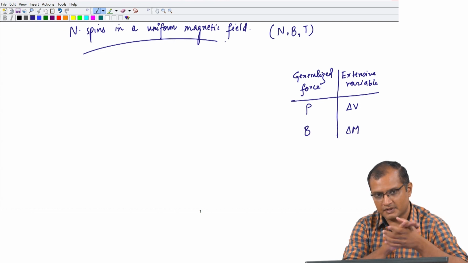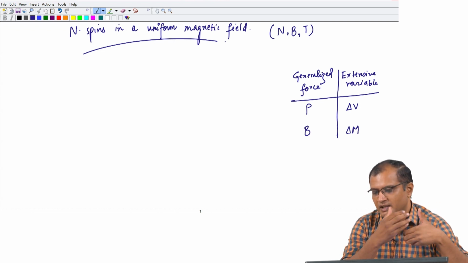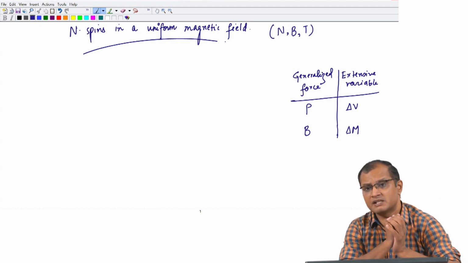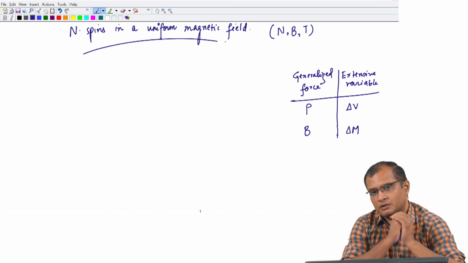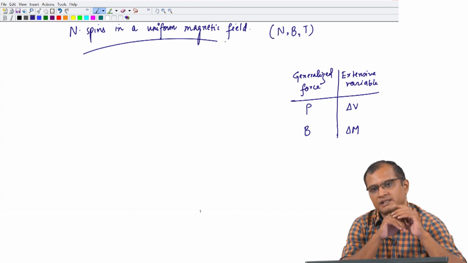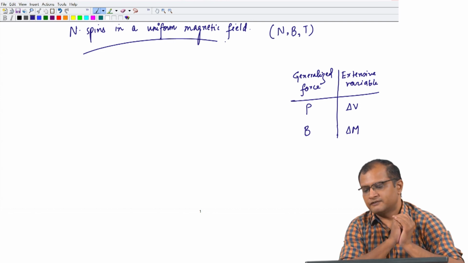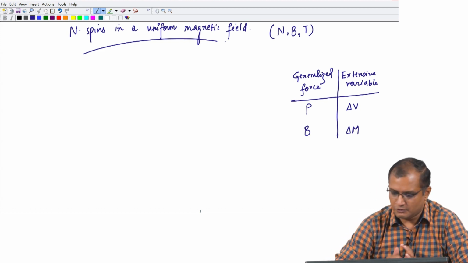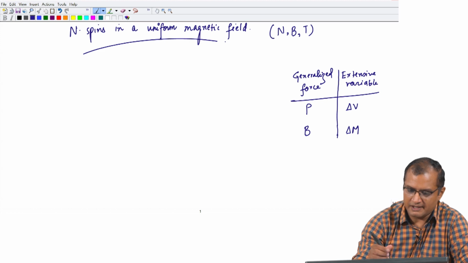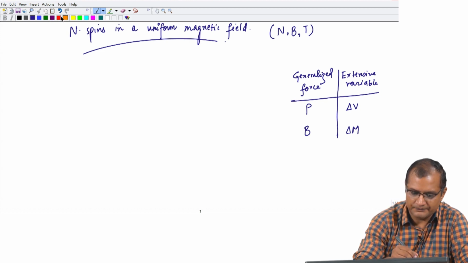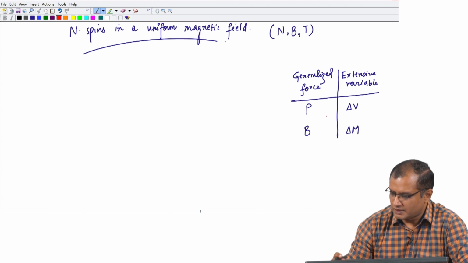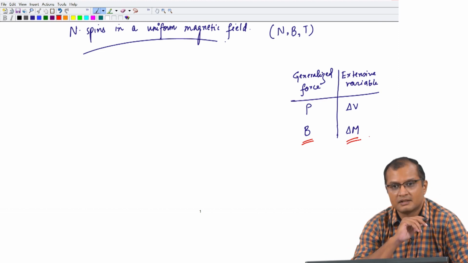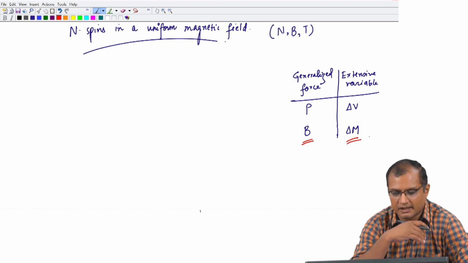Like we have been saying for some time now, generalized forces are to be realized not as forces themselves, they are thermodynamic variables that we are going to keep constant, but conjugate to each of these generalized forces there exists an extensive variable such that the product of the force and the extensive variable is always energy. So, our system is now a magnetic system which is under a constant magnetic field. So, we are going to be dealing with constant B, and hence the system will be allowed to have fluctuating magnetization.